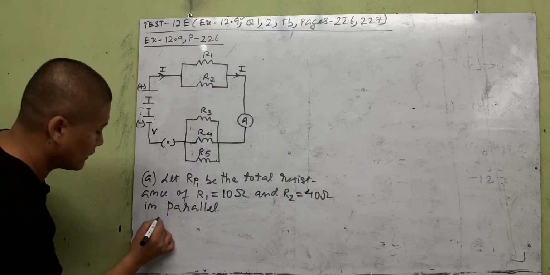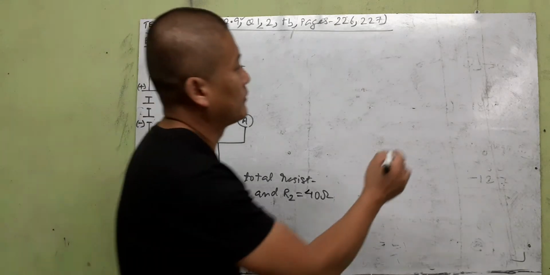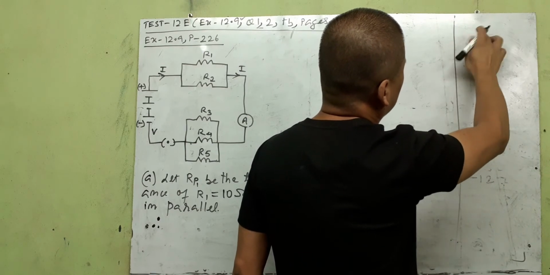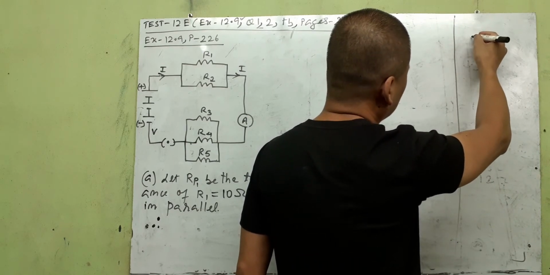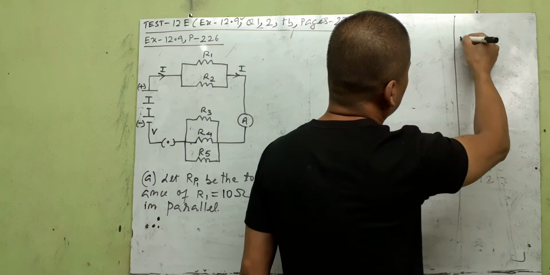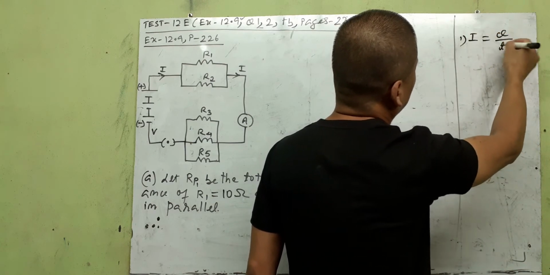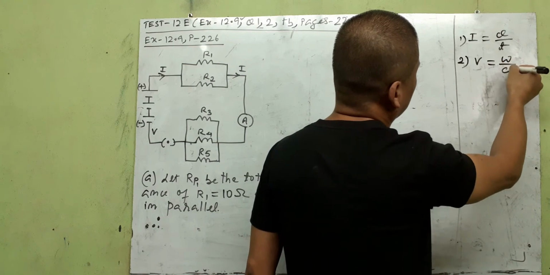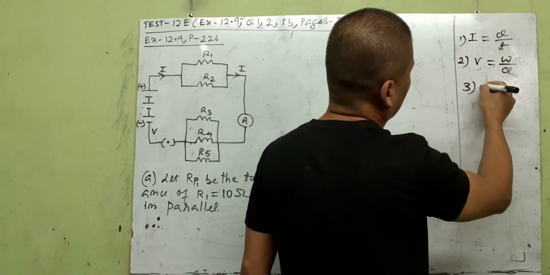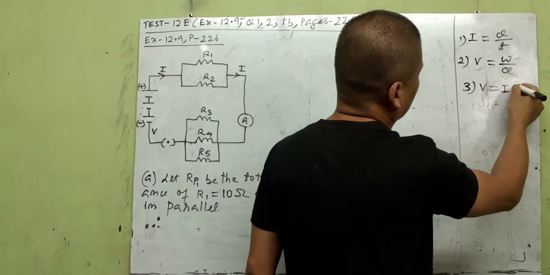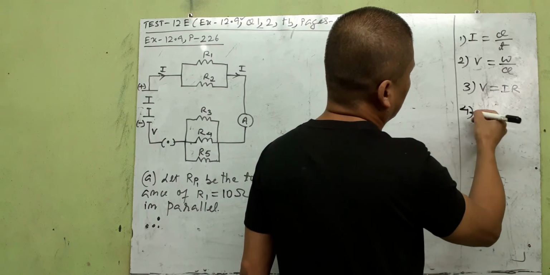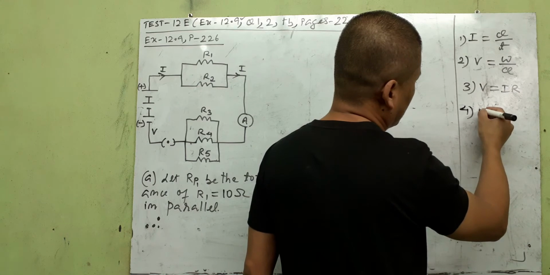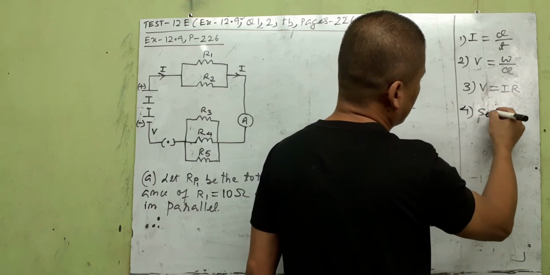So if it's parallel, then we know these are the formulas we keep in mind in electricity so far. The first formula is I, current, is equal to charge by time. Second one, potential difference is work done divided by charge transferred. Third one, Ohm's law, V is equal to I into R. The fourth one is, I think, series or parallel, whatever you like to write first.